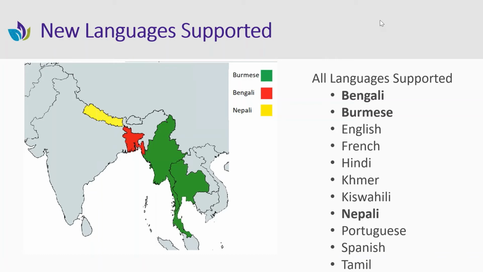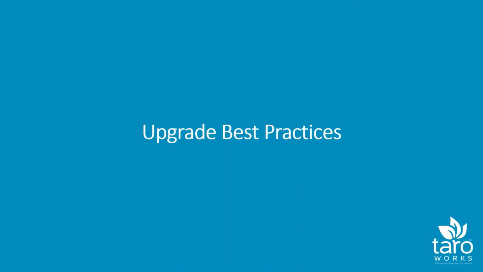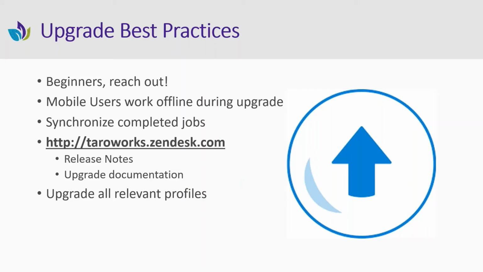So if everyone can see my screen, we have the additional mobile language support for Bengali, Burmese, and Nepali. And I think what Billy was just about to dive into is some upgrade best practices, so I can cover that. If you are a new Taroworks customer and you've never done a Taroworks upgrade before, we would encourage beginners to reach out. You can open a support ticket from our customer support site to request some assistance for your first upgrade, and a support team member will walk you through it.